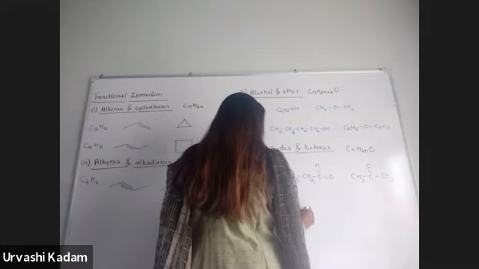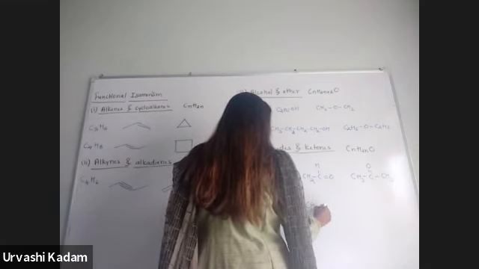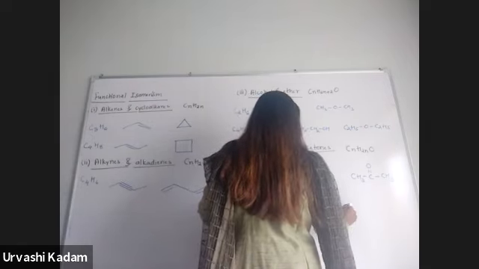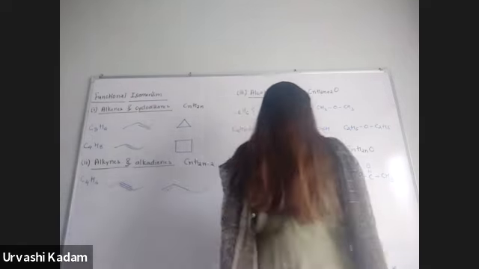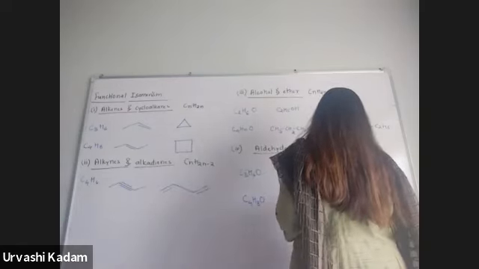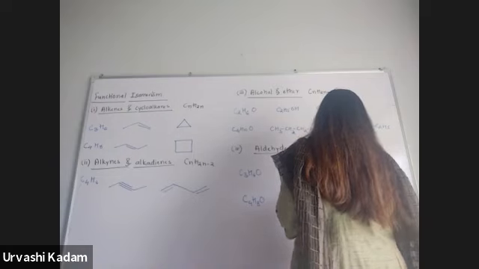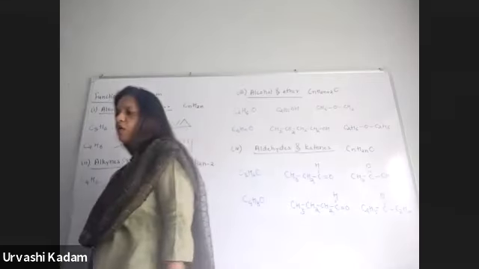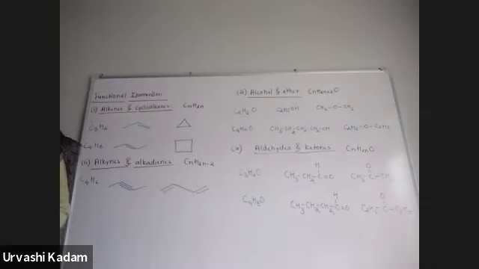Four-carbon aldehyde and 4-carbon ketone. Aldehydes and ketones are functional isomers of each other. So copy this, I'll show you some more pairs.